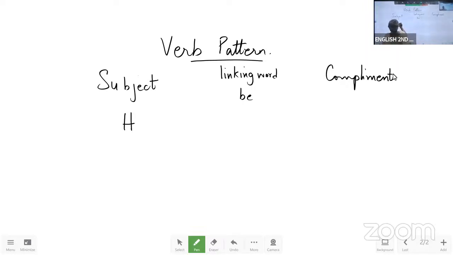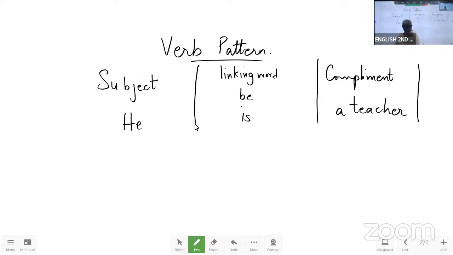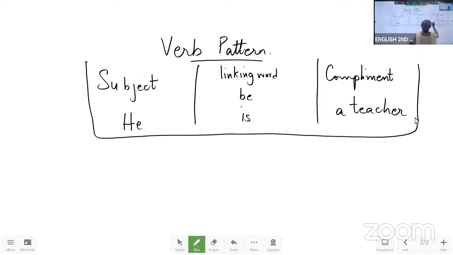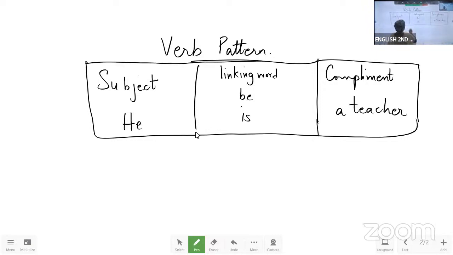He is a teacher. In the exam, you'll get an example like this, and based on the example, you have to write.